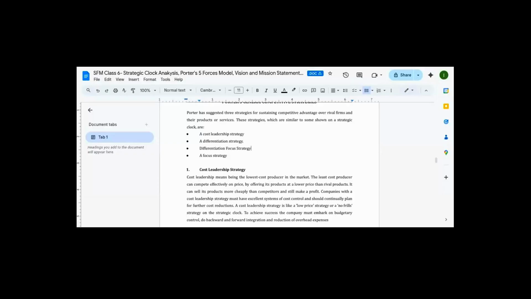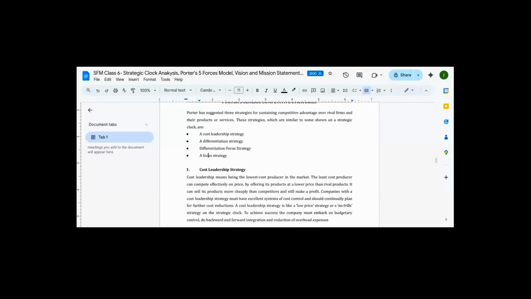A focus strategy is used mostly by upcoming companies, infant companies. In fact, there are some companies that have been in existence for a longer time, but because of competition or limited resources, they cannot compete with all these mighty multinational companies.